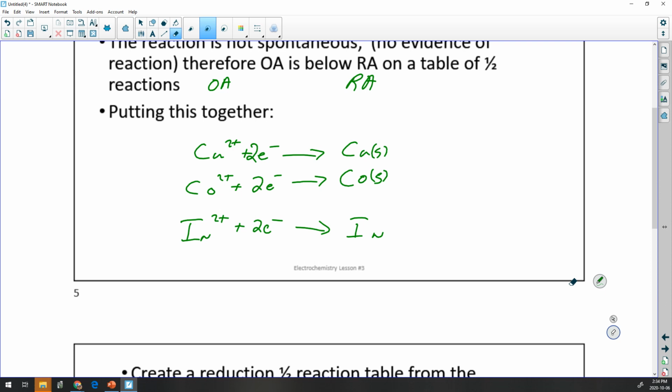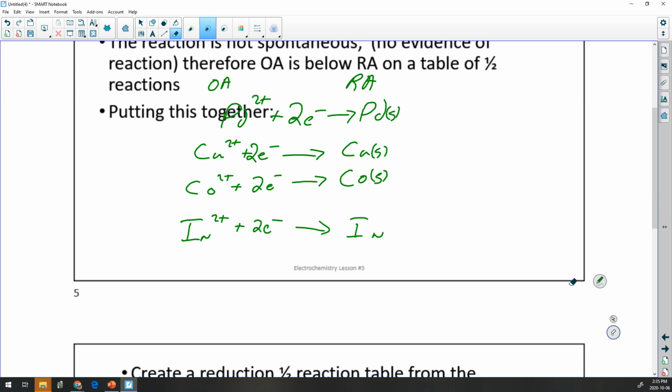And then finally, the palladium solid as an RA was above our copper 2 plus because there was no evidence of reaction. The reducing agent did not allow the oxidizing agent to take off electrons. So I'm just going to finish off this Pd2 plus plus 2 electrons.